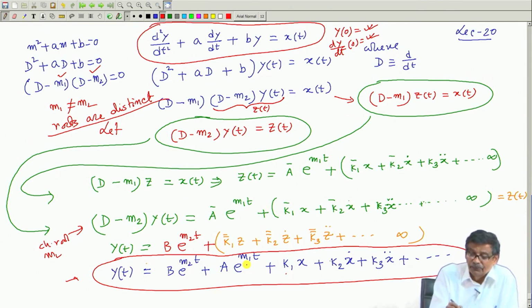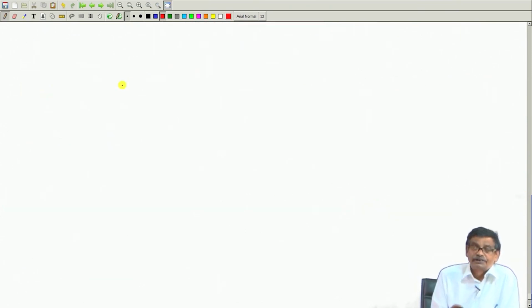Now, the only thing is what happens if these roots are not distinct.